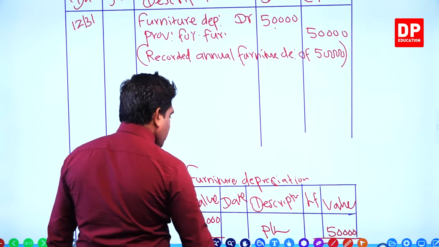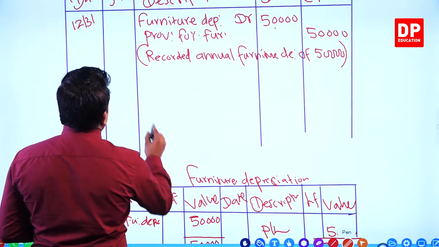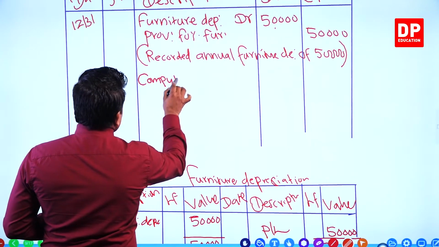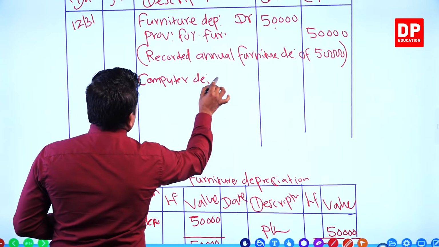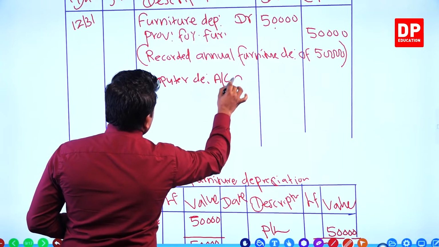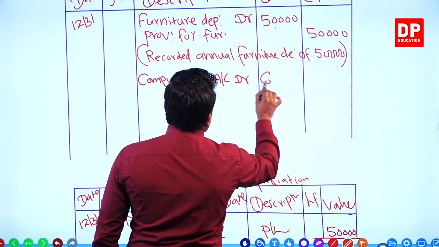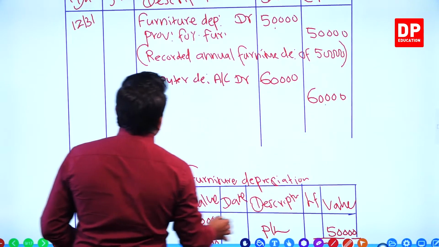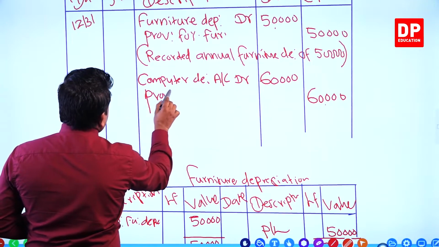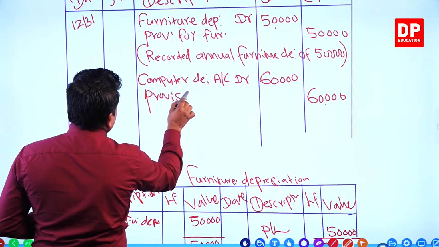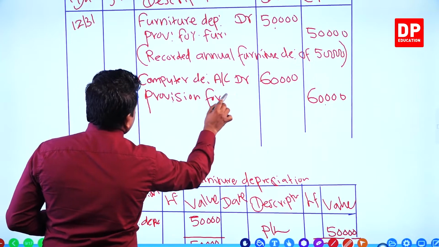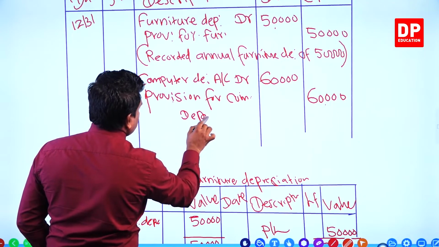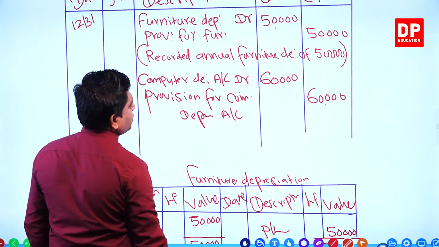Computer depreciation account debit 60,000. Provision for computer depreciation account credit 60,000.